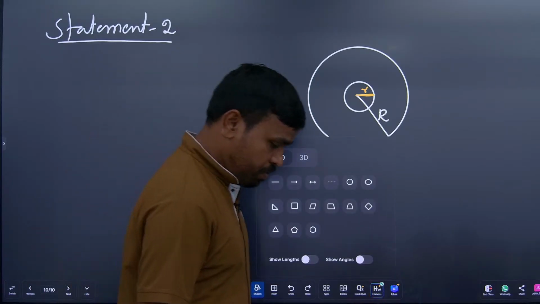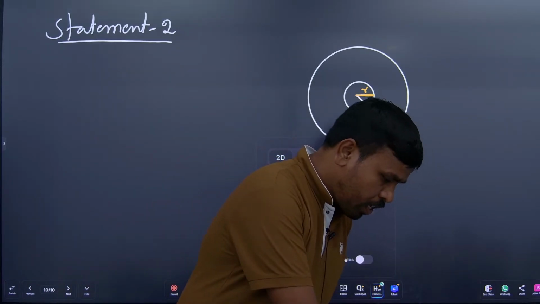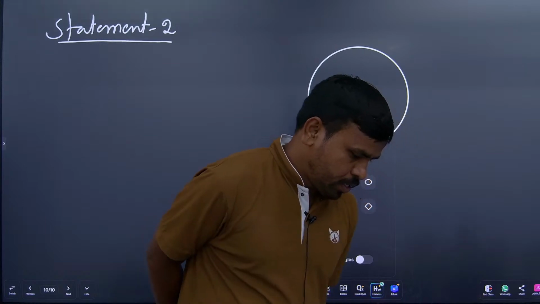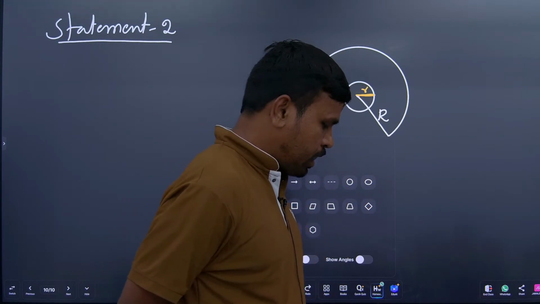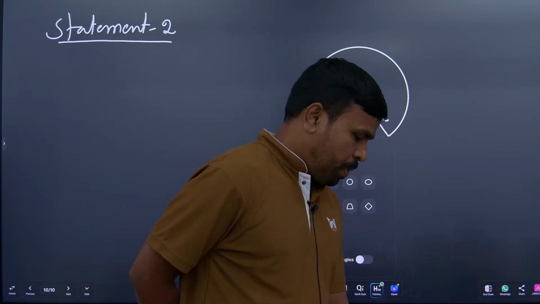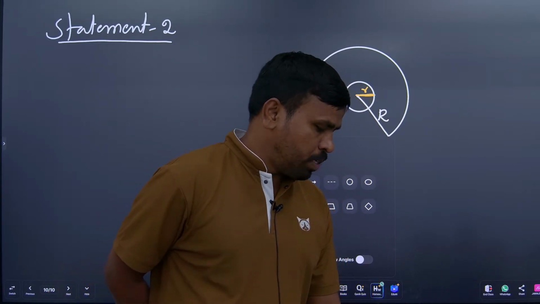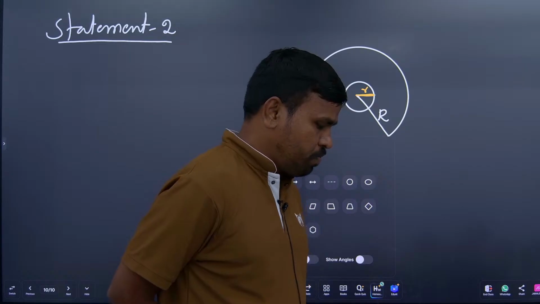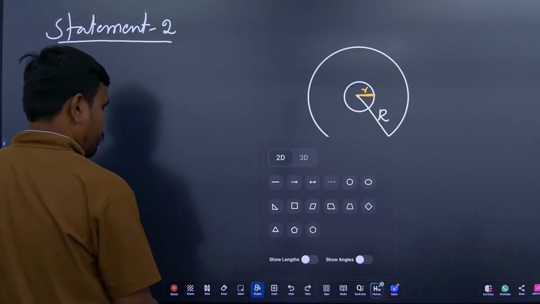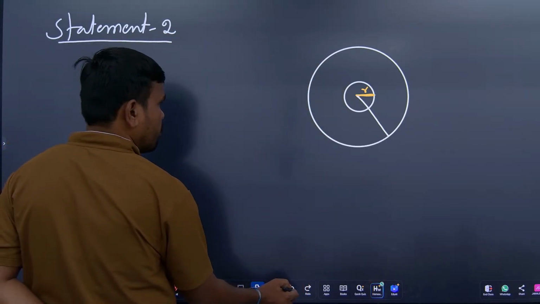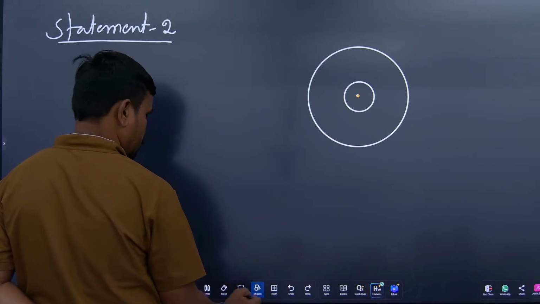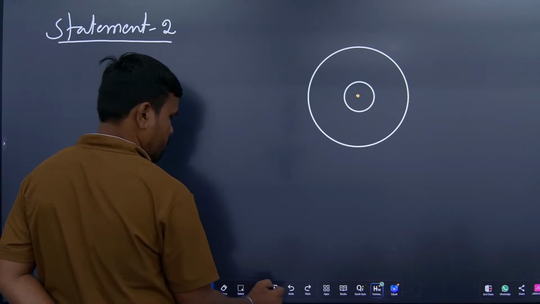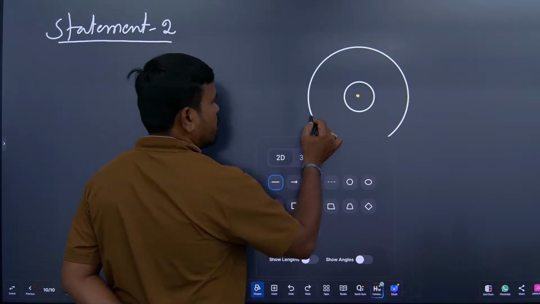Okay, what is the statement given? In two concentric circles, the chord of the bigger circle that touches the smaller circle is bisected at the point of contact with the smaller circle. Yes.